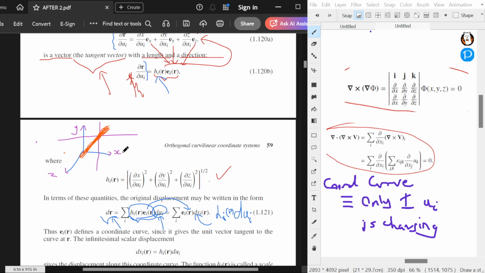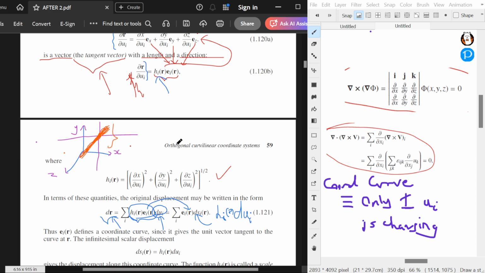So the coordinate curve, in Cartesian coordinates, where one thing is changing and two things are constant is literally just the tangent. And this by itself, you can make into its own coordinate system.